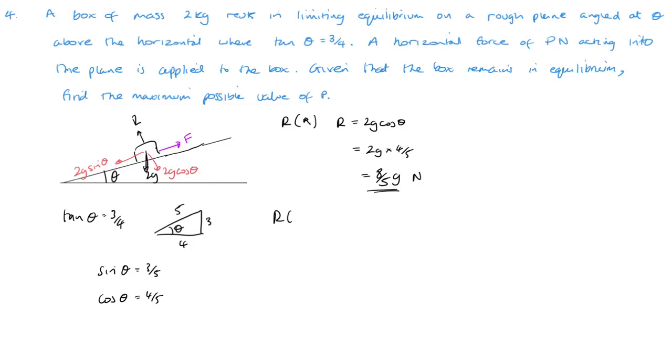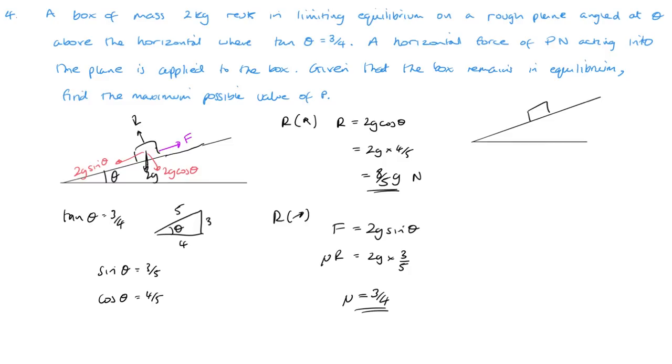So let's resolve up the slope, parallel. We've got friction equals 2g sine theta. So mu R equals 2g times 3/5. So mu is equal to 3/4. So now that we've got mu, we can now put in our value of P.